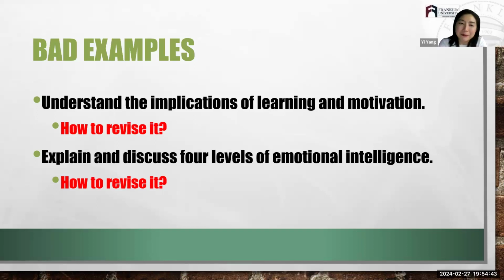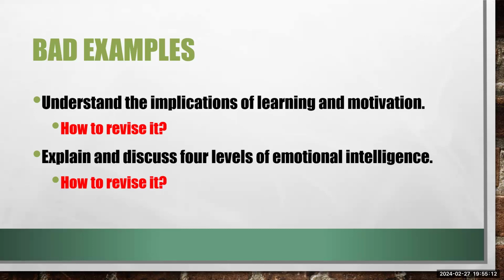Okay, Chris, go ahead. Understand is the second level of Bloom's taxonomy. It says understand the implications, but I think implications are part of the application level, which is the third level of Bloom's taxonomy.